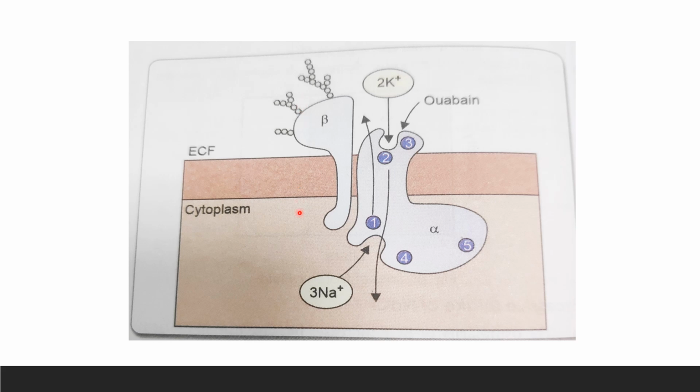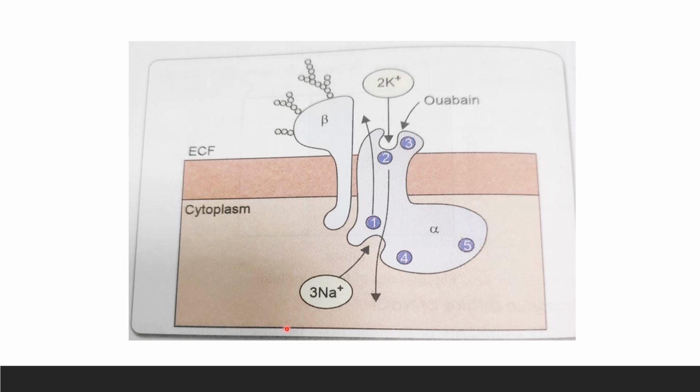Another function this pump does is that it moves two potassium ions from outside to inside. We know that at the intracellular part the potassium concentration is already high, so the normal tendency of potassium would be to move from inside to outside, but against this concentration gradient 2 potassium ions are coming inside.